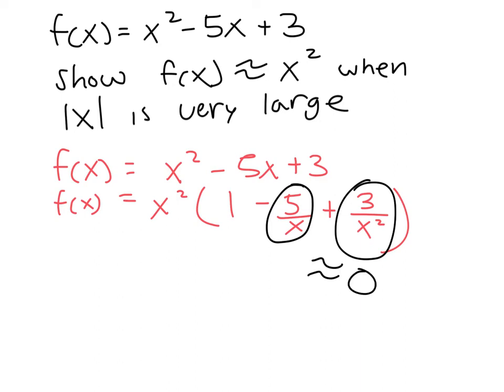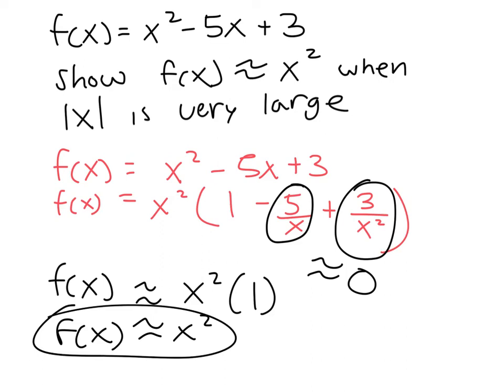These terms get very close to 0 as x gets really big. So f of x approximately will equal x squared times 1 basically, because the other terms go to 0. And so that's the same thing as just saying it approximately equals x squared.